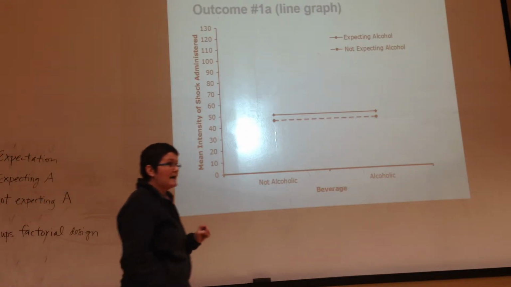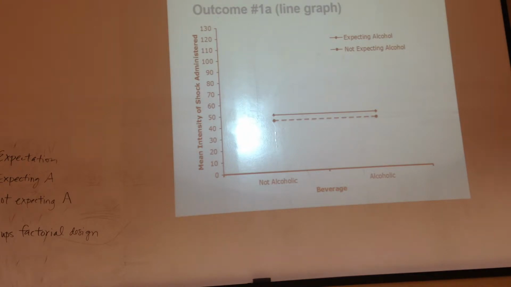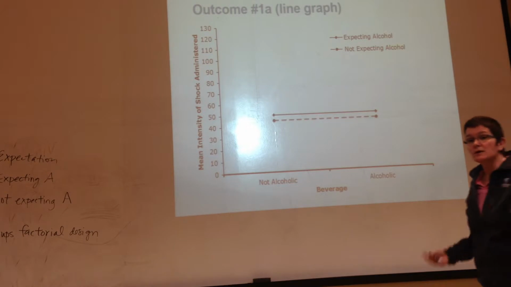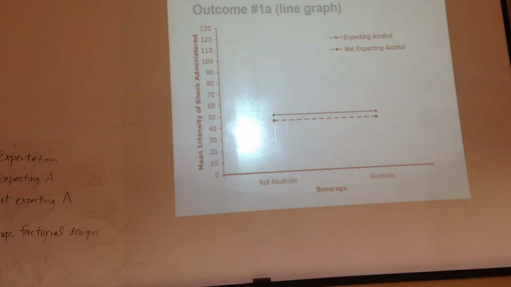When it comes to the y-axis, what we pay attention to is how far apart the lines are. The further apart the lines are, the bigger the treatment effect and the more likely we are to have significance. Do these lines look very far apart? They're basically as close together as I could get them so that you could actually see there are two different lines on the page. Okay? They're super close together.